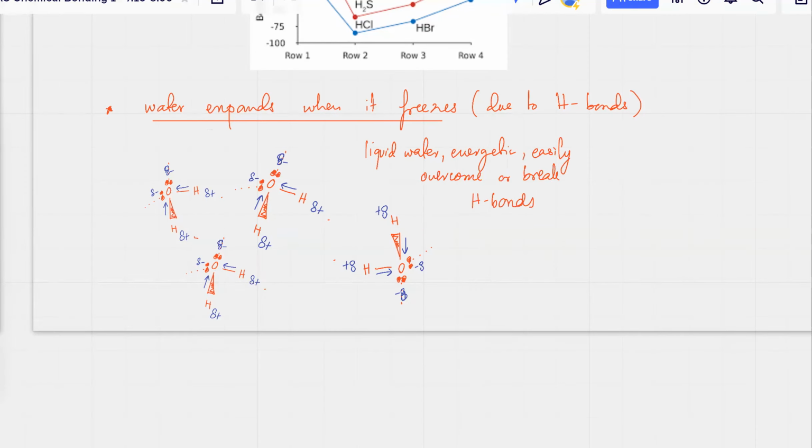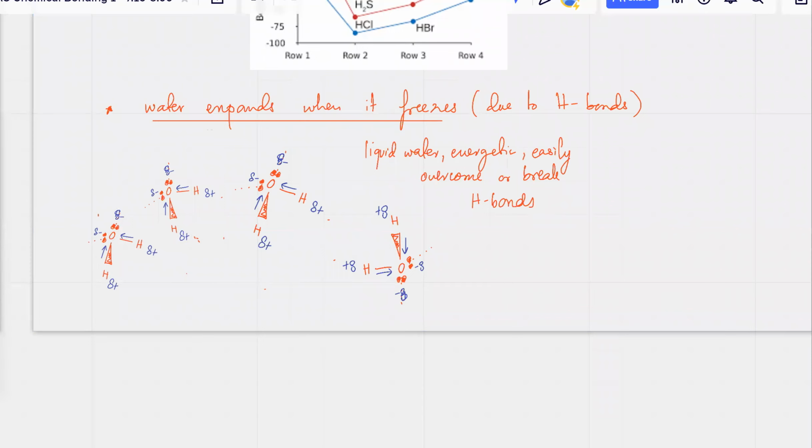For example, you have this H positive that's very strongly attracted to this lone pair, but the water molecule is energetic. So the water molecules will be slipping and sliding on their own. This water molecule would just move on, slip and slide. So it will not be that strongly attracted to this H positive. So the molecules would be arranged haphazardly because they're energetic.